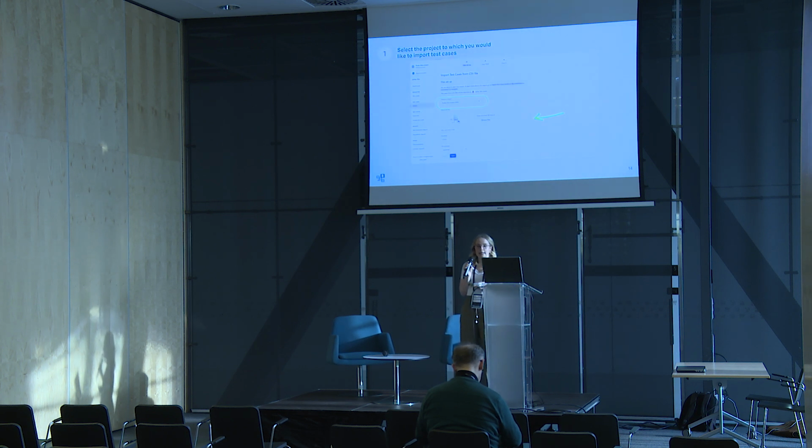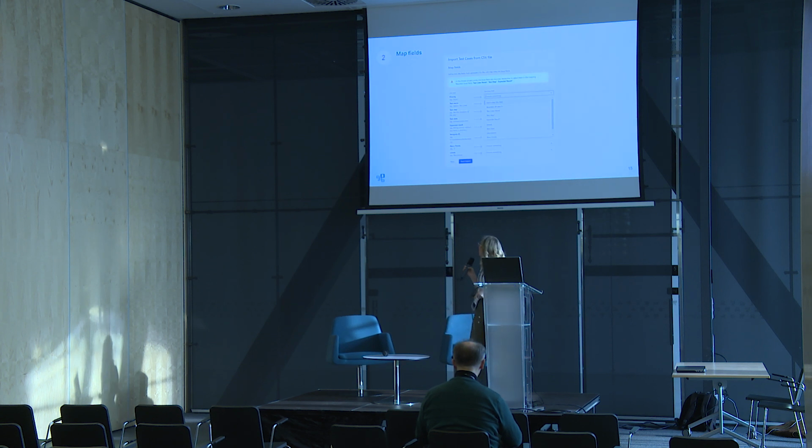So when we have our spreadsheet prepared, you need to select the project to which test cases will be imported. Then you need to provide a file and add some other information, encoding, and delimiter if it's comma or anything else.